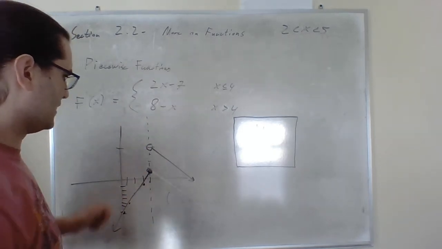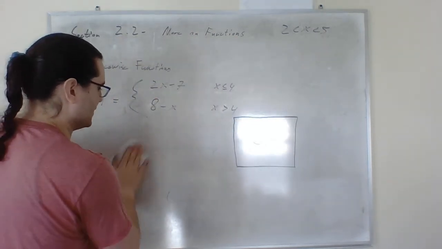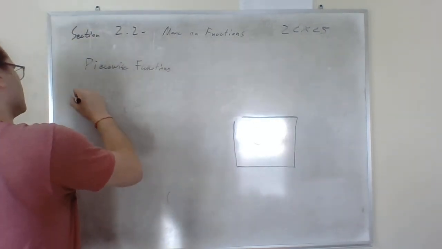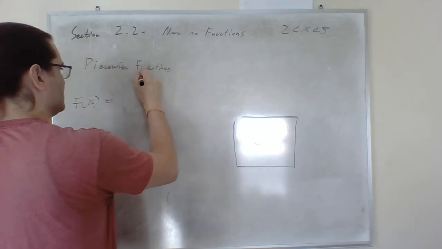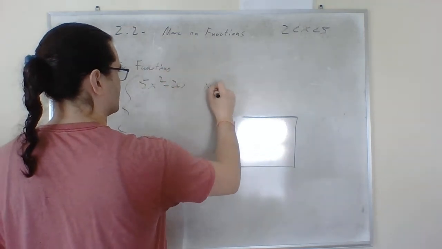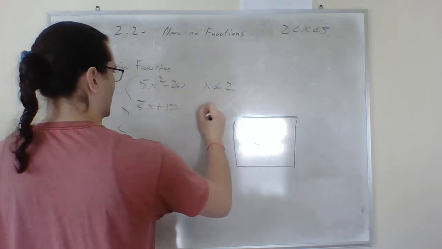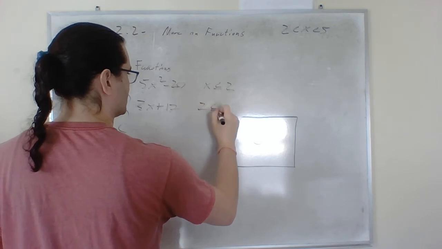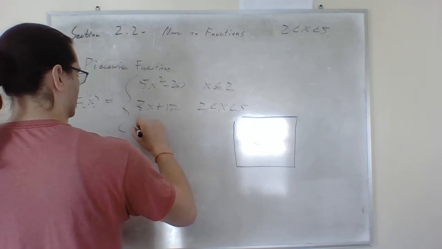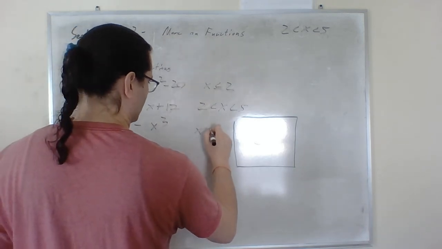I don't think any of the problems on the homework are asking you to graph them like we just did. I just wanted to give you a sense of what they look like when graphed. The homework questions that you're going to get are going to be more like, here's a piecewise function, f of x equals 5x squared minus 20 for x less than or equal to 2, and 3x plus 17 for 2 less than x less than 5, and we'll say negative x cubed for x greater than 5.